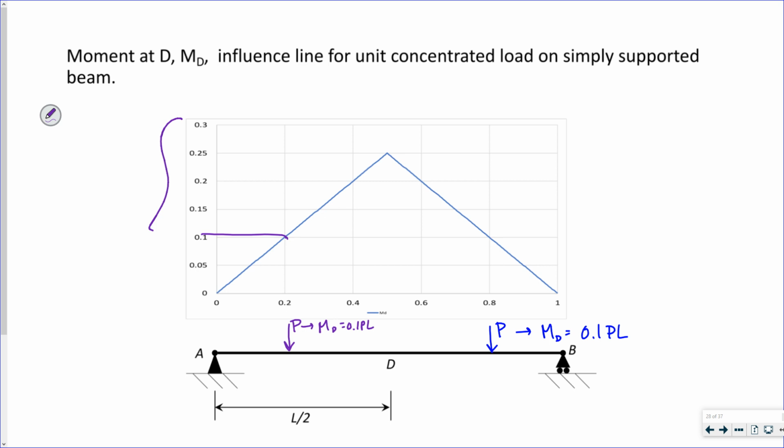Essentially this axis is P times L times whatever that number is.